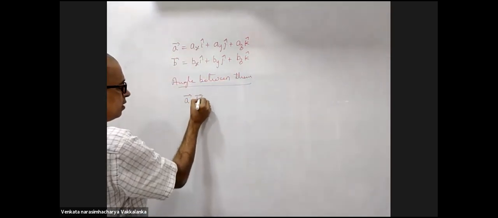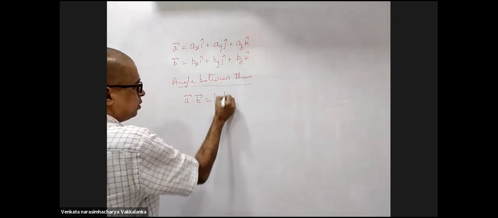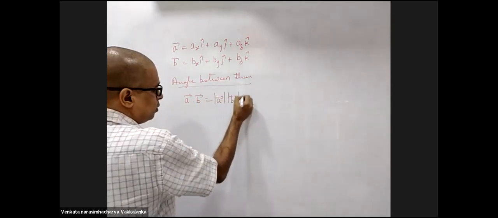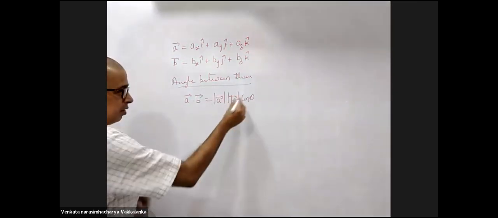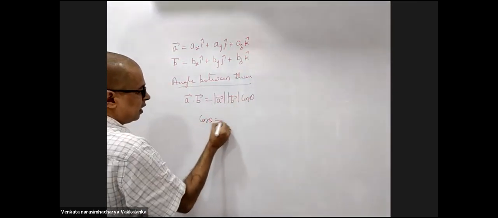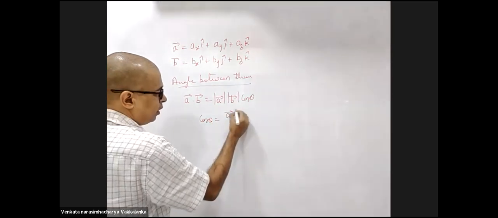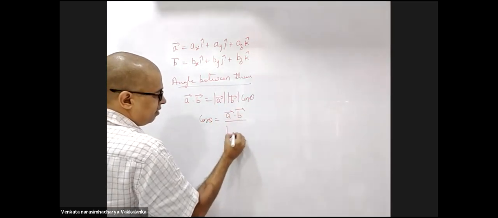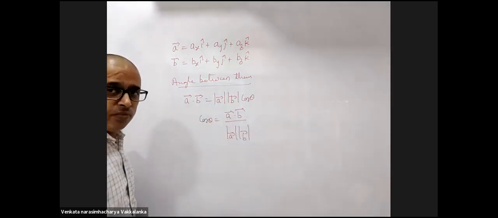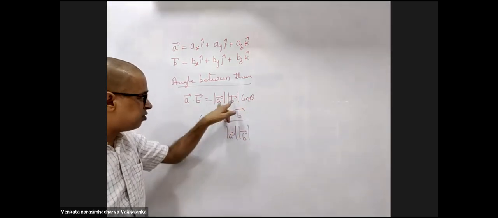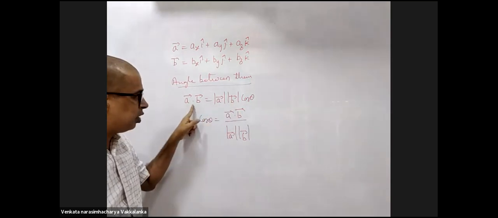Dot product is defined as magnitude of A into magnitude of B into cos of the angle between them. So cos theta can be written as A dot B divided by the magnitude of A into magnitude of B. I have kept cos theta here and brought both magnitudes to the denominator.